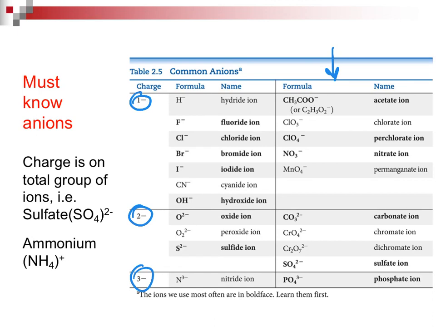So when you say the word sulfate, here is the sulfate ion, you will see that it's an SO4, and that 2- refers to the charge on the entire anion. Same thing with the ammonium ion. That charge refers to the charge on the entire species.